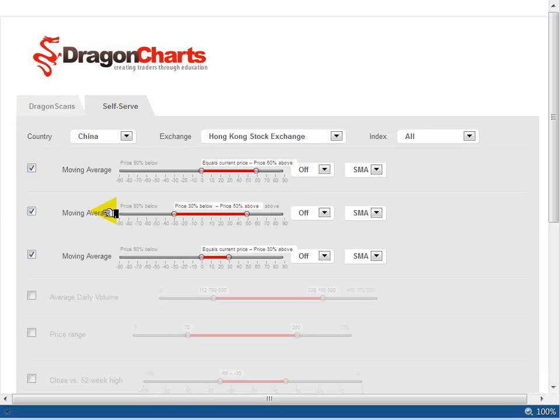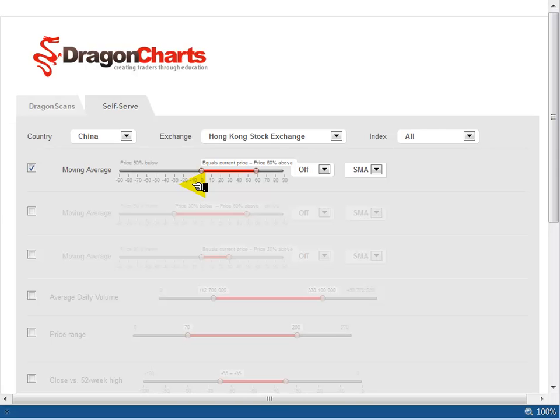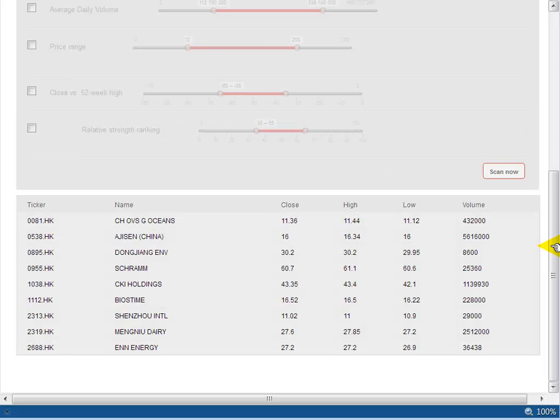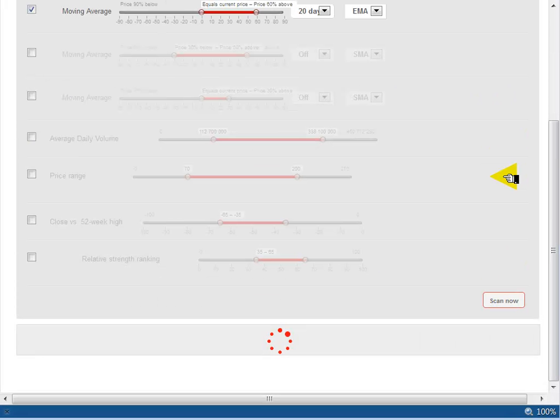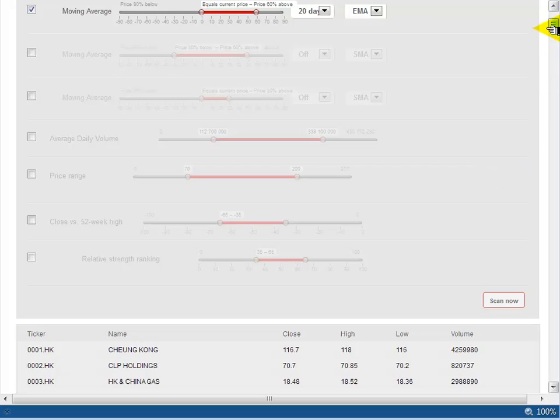Let's say we want to see only stocks that are trading above their 20-day exponential moving average. We would select 20-day and then select exponential moving average, EMA. So now we say the stock is above, equals current price to 50% above. This will return all stocks that are trading at or within 50% above their 20-day moving averages.